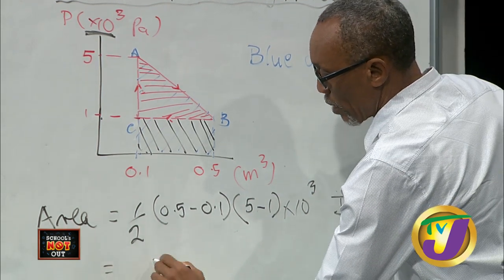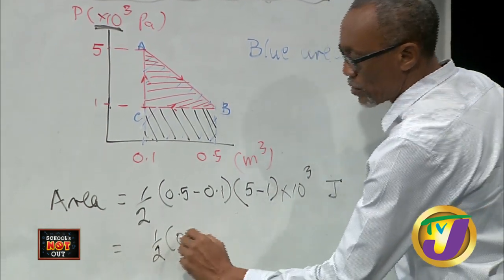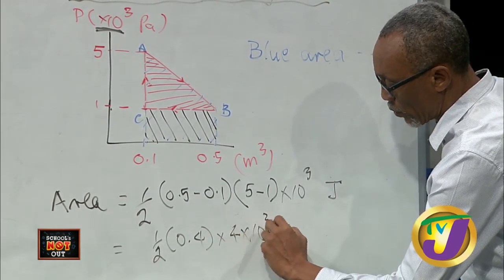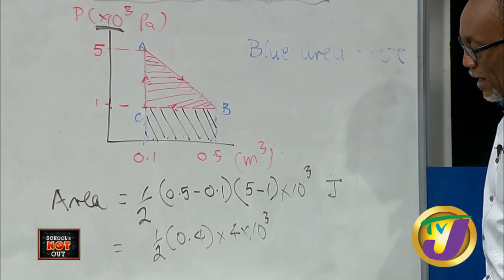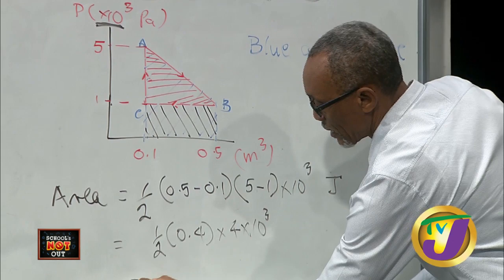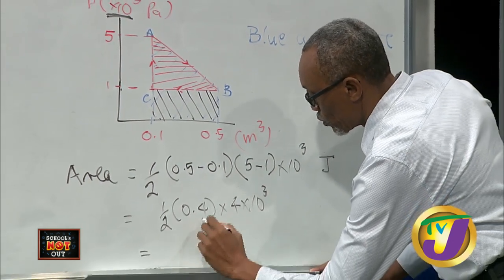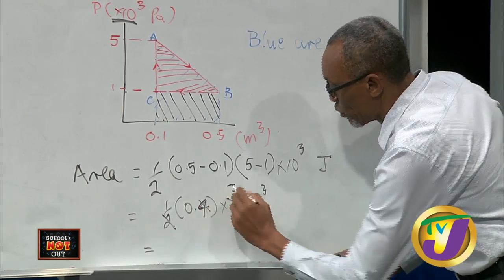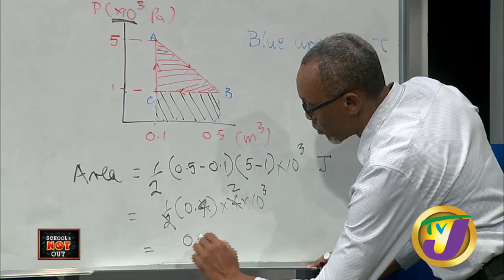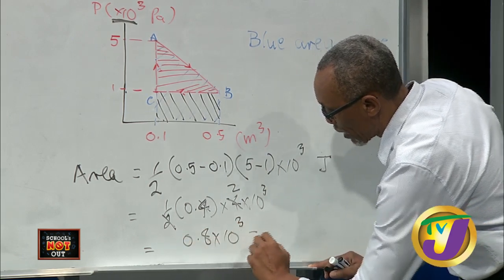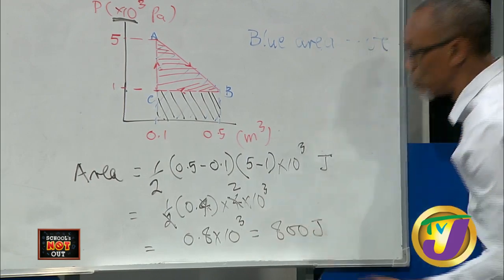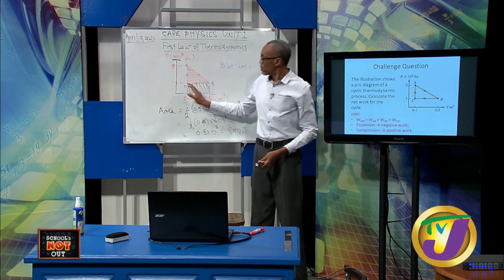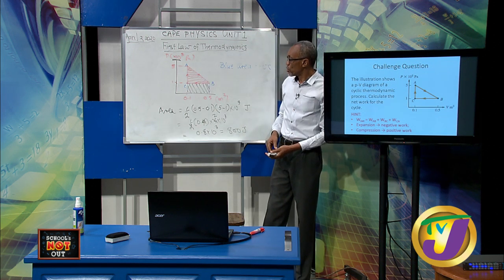So that would be half times 0.4 times 4 times 10 cubed. If my maths is right, that will be 0.8 times 10 cubed, and that would be 800 joules. So in this particular cycle, the work done would be 800 joules.